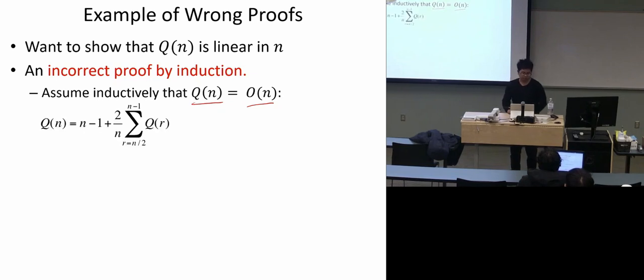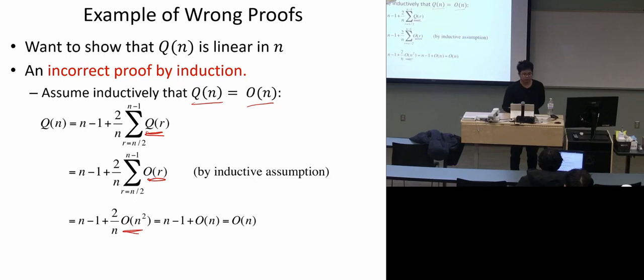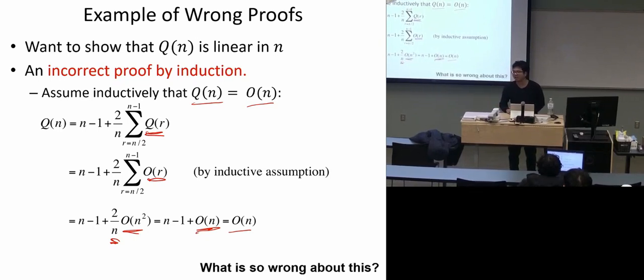We have this equation, and then by the induction hypothesis put Q of r to be O of r, and this sum looks like O of n squared. Divide this by n, you get O of n here, and that looks like O of n. So it gives you the correct answer that you want, but what's so wrong about this, right?